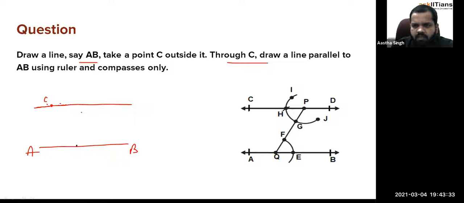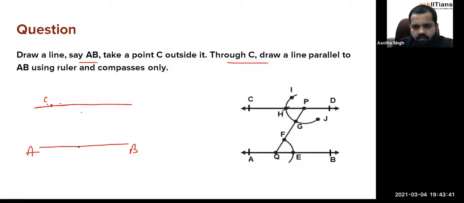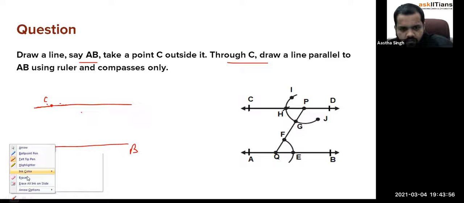Let me first tell you how the thing will go, and the steps are also there. Let's first study how you will go. Let me just remove this line.